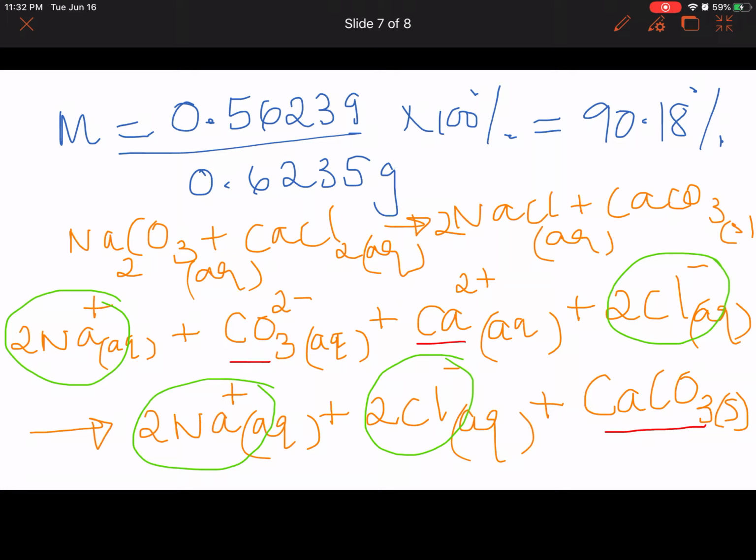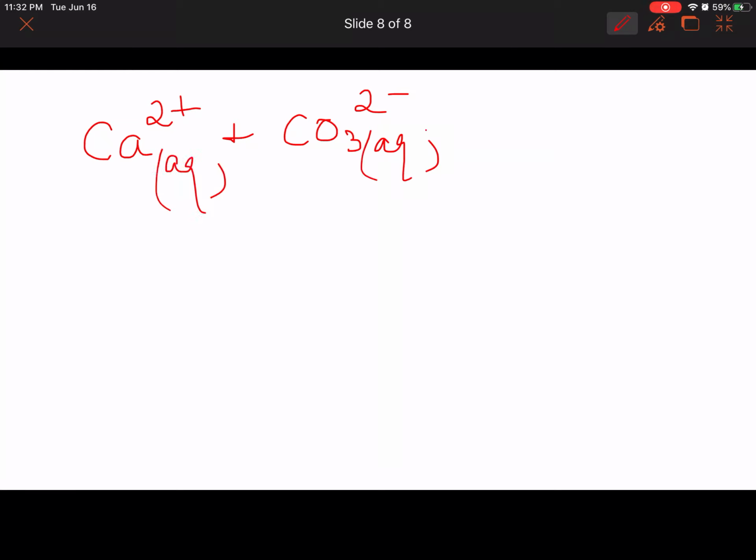So your net ionic equation is calcium ions plus carbonate ions, 2 minus, aqueous, aqueous, forming calcium carbonate solid. That's going to be your net ionic equation.